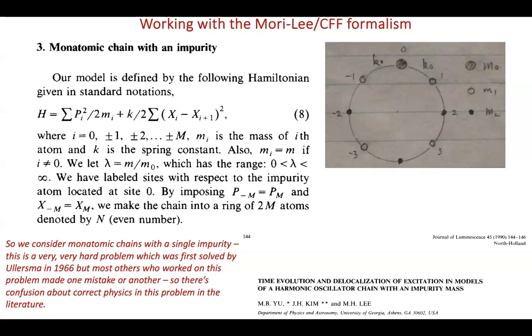Now, Ullersma used his own technique for it. I'm not going to go into Ullersma's technique. I could have, but I chose not to because the continued fraction technique is actually very general and it gets to Ullersma's results fine. Not only that, it gets to all of the other results within one umbrella.